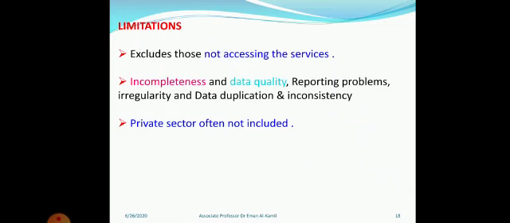Sometimes they exclude those who are not accessing the service, so it does not represent all the information about the disease. There are also incompleteness and data quality problems: reporting problems, irregularity, data duplication and inconsistency. And the private sector, as we mentioned, is often not included.